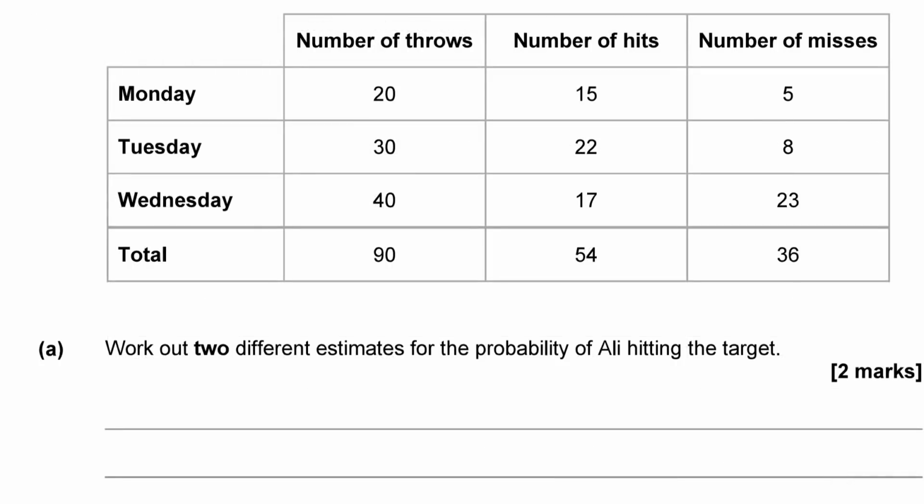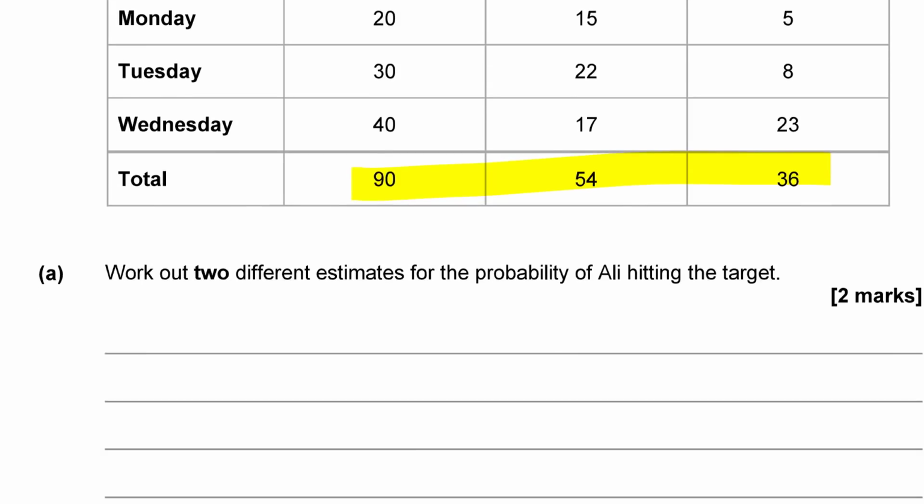Now, I think this is a bit of a bonkers question, really. I think generally with relative frequency, you'd probably want to take the combined results and use the one with the most number of results. I think any other calculation you do is going to be not as good, but anyway, let's work it out. So let's try using Monday's results.